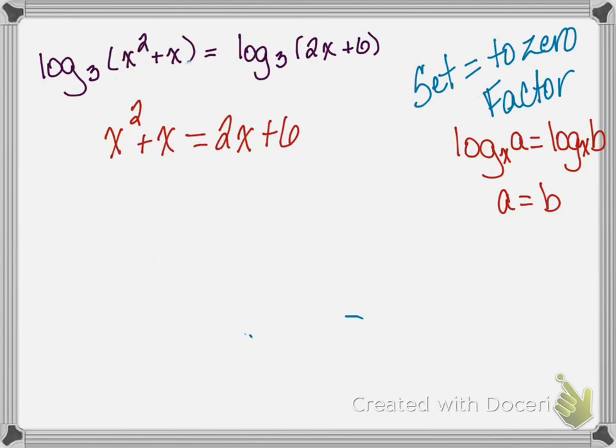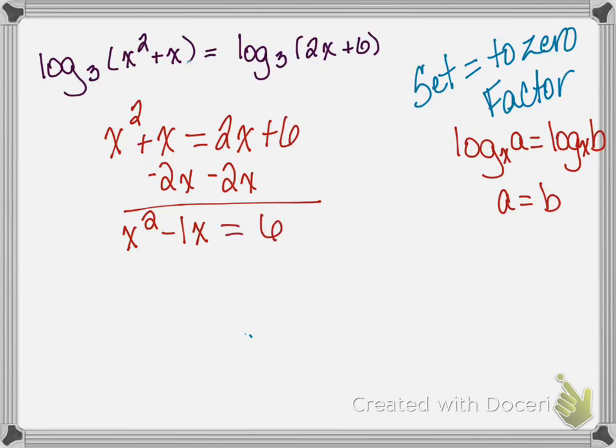Okay, so we are subtracting 2x from both sides. So I have x squared minus 2x... no, negative 1x, I'm sorry, equals 6. What's my next step?